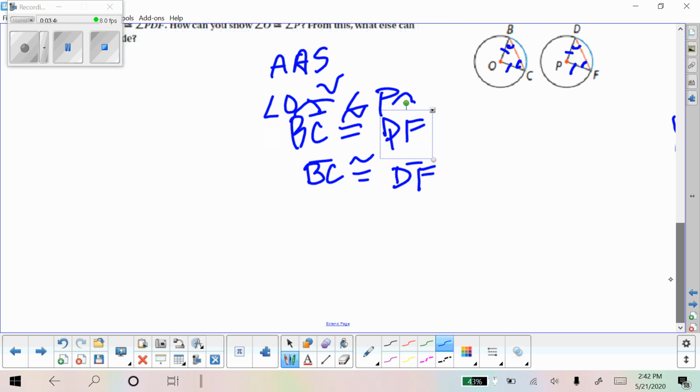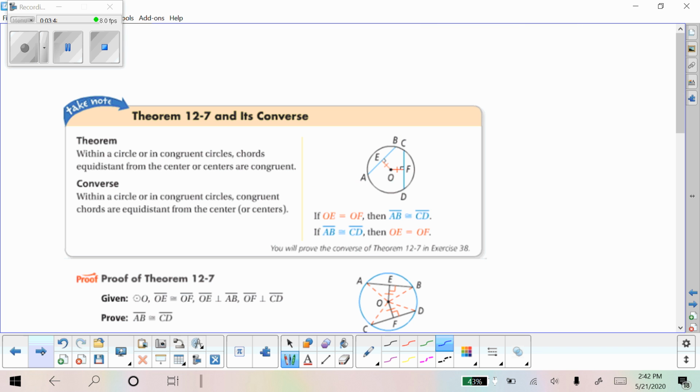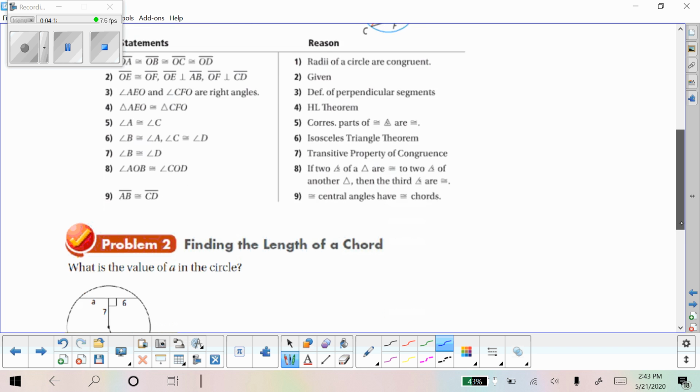All right. Theorem 12.7, within a circle, chords that are equidistant from the center are going to be congruent. And the converse of that is also true, that if chords are equal in length, then they are the same distance from the center. Now, the distance is defined by a line that's perpendicular to the chord. Okay, here's a proof if you want to check that out.